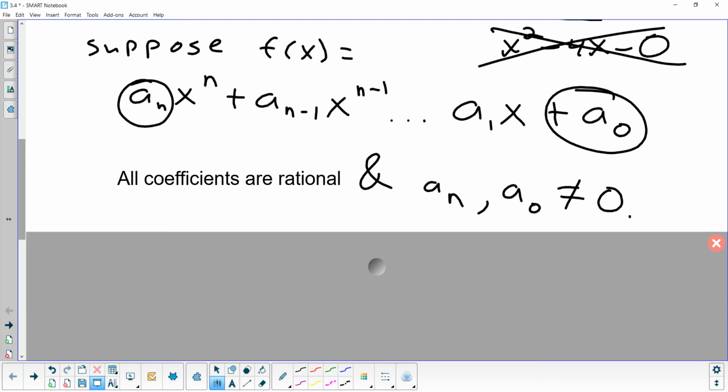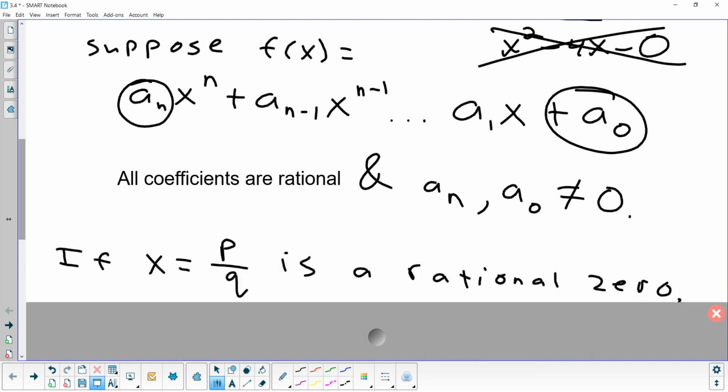So, if a polynomial is going to have a rational root, that means you can write it as a fraction. Let's call the numerator in the fraction p, and let's call the denominator in the fraction q. P and q would be integers, like 3/5, something like that. Well, there is a certain rule for how you figure out p, and there's a rule for how you figure out the q.